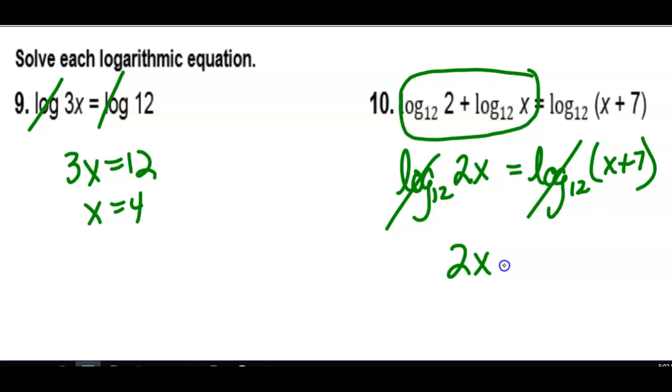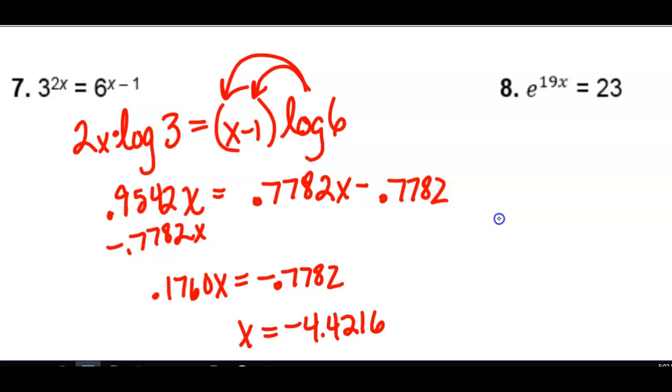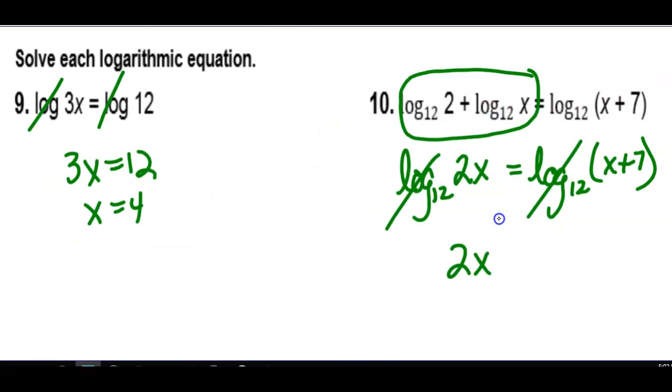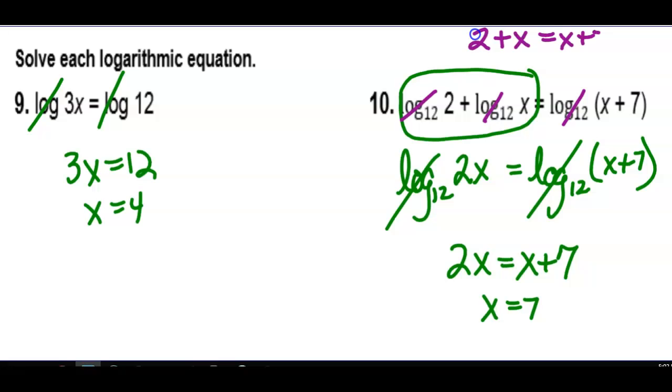What did that property call it? The one-to-one property of logs, okay? If they are equal, then the quantities inside are equal. But again, somebody is going to try some funkiness, like divide this all out, take that all out, and they're going to write 2 plus x equals x plus 7.